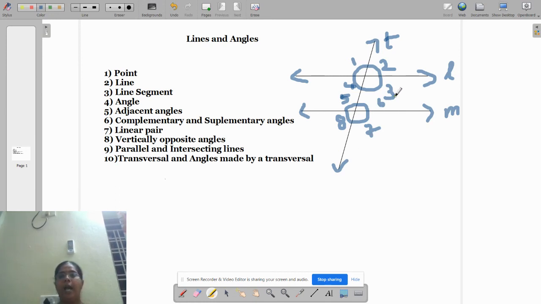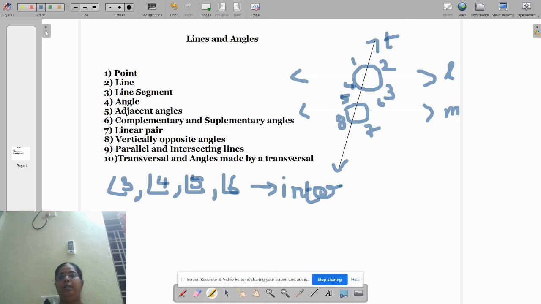First, the angles which are inside the lines are called as interior angles. So here angle 3, angle 4, angle 5, angle 6 are called interior angles.